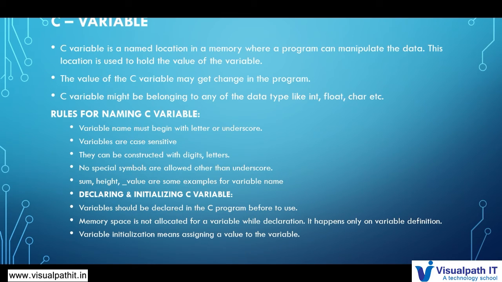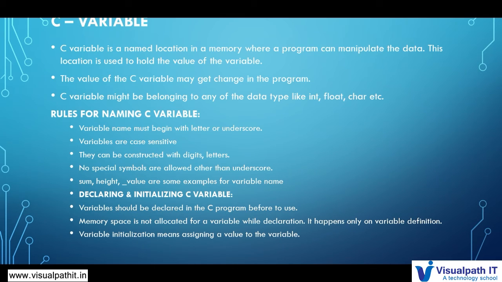So there are some basic things that you need to remember when you're using variables. Variables should be declared in the C program before we use them. Memory space is not allocated for a variable while declaration. It happens only on variable definition. Variable initialization means assigning a value to the variable.